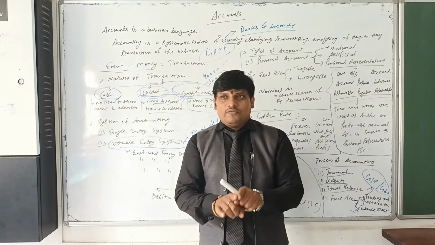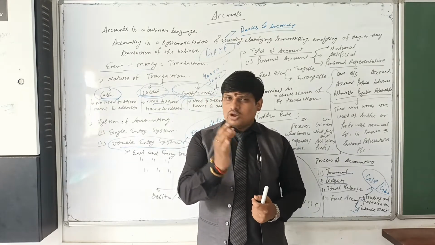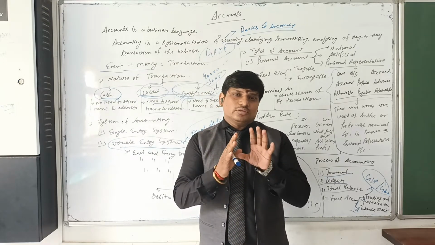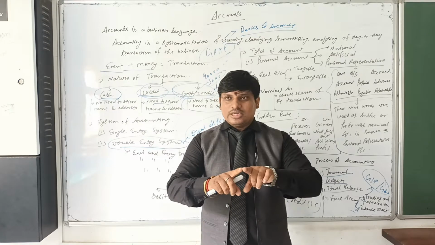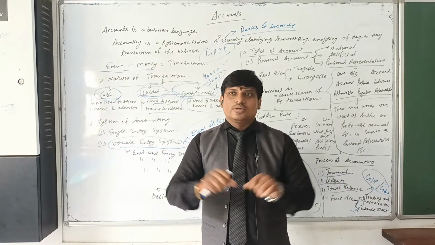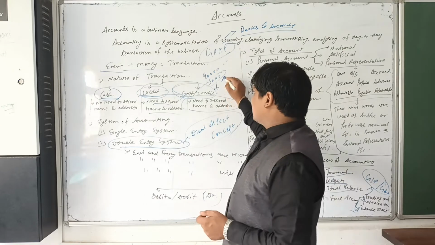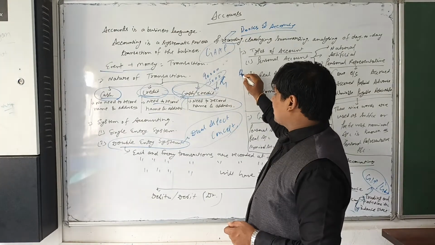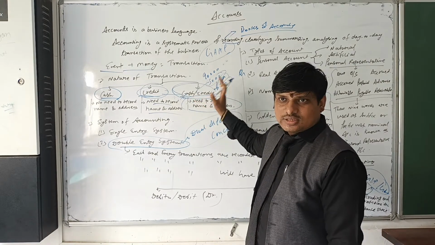If we have to find out the net profit and net loss of the business, accounting should be maintained separately for the business and the business owner, because we know that there is a person, the business owner, and there is a business with a different PAN card, Aadhaar card.